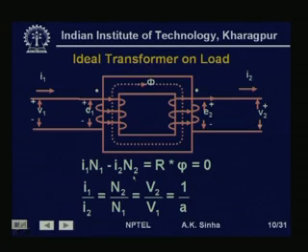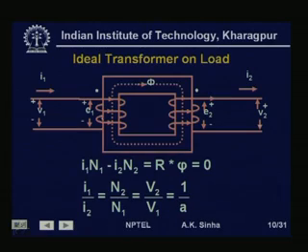That is, if a current starts flowing in the secondary winding, a current will flow in the primary winding, which will produce an MMF exactly equal and opposite to the MMF produced by the current flowing in the secondary winding. So, whenever a current flows in the secondary winding, we have a current also flowing in the primary winding, producing an MMF I1 N1 exactly equal to the MMF I2 N2.